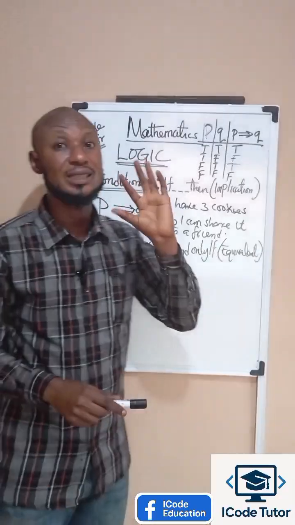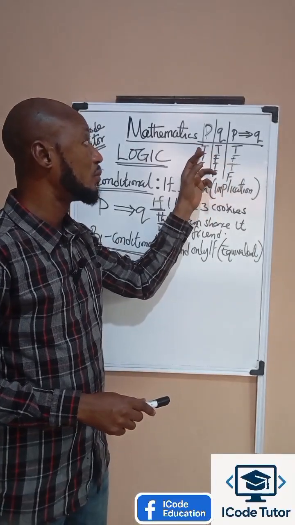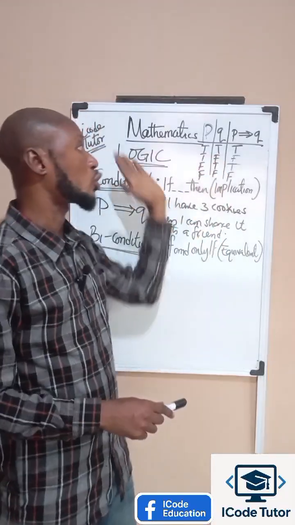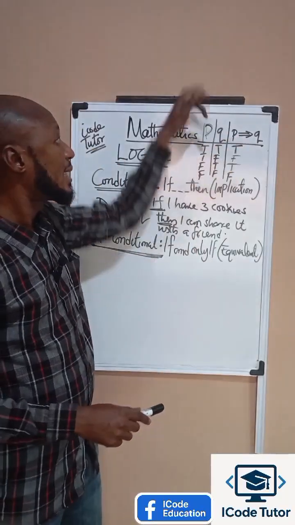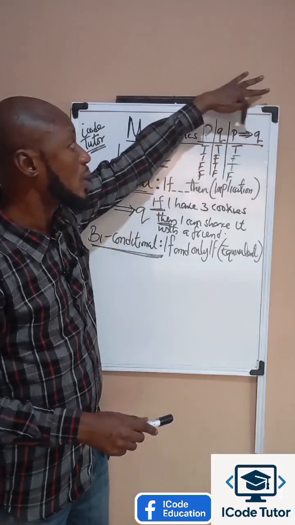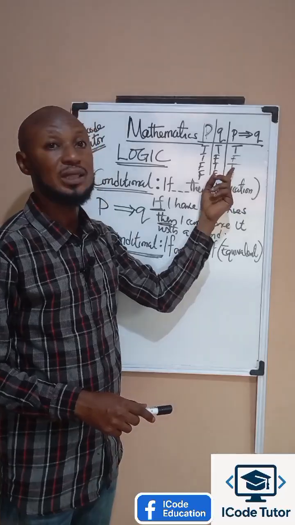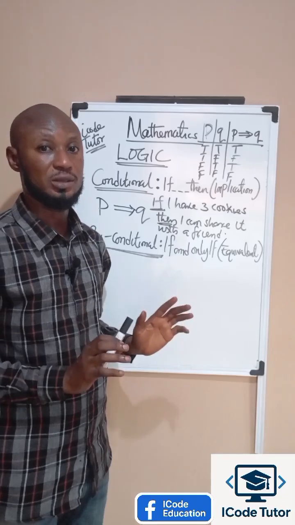The first is that both your sentences P and Q must be true for you to have a true response. And also, where the arrow points at Q, Q must also be true for you to have the true response, while others will be false statements.